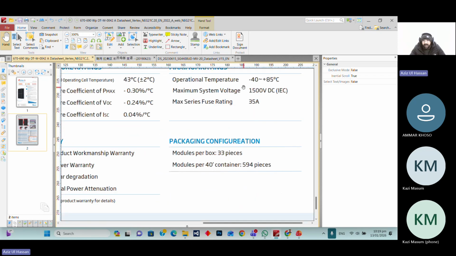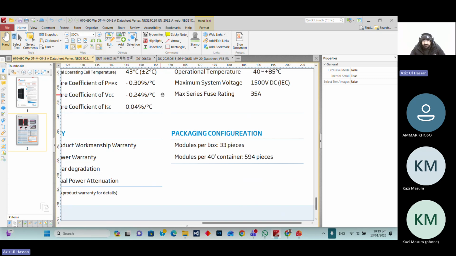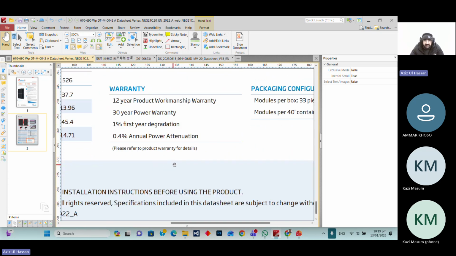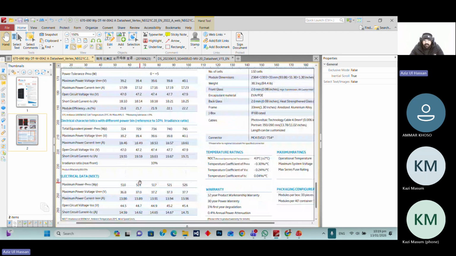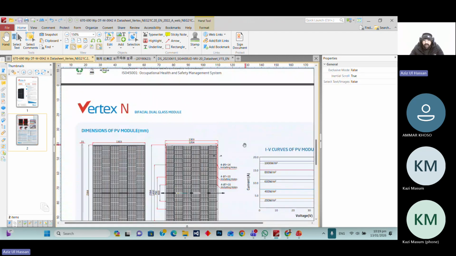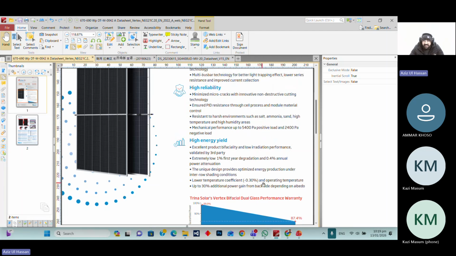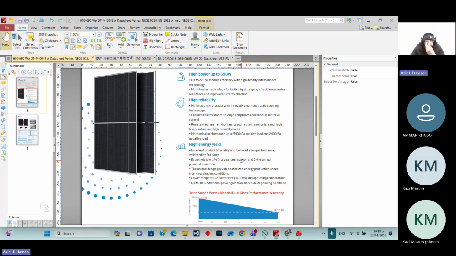These are the operational temperatures, and then we have the maximum system voltage and the fuse rating. This is the warranty section. We also need to know the LID factor and the annual degradation of the PV module, to put into PVsyst.